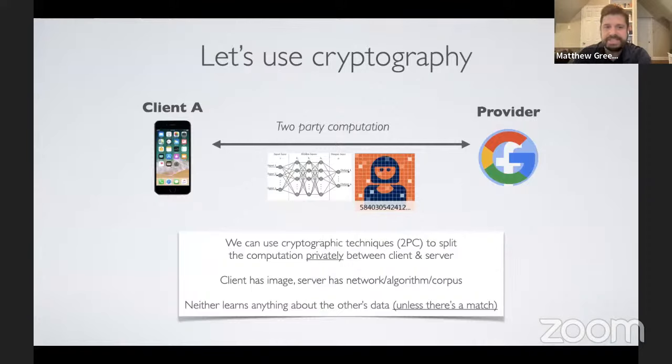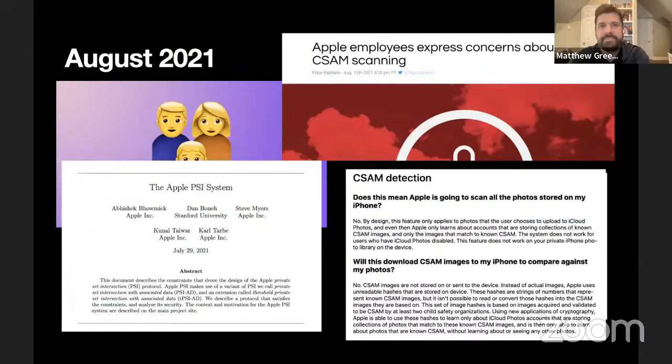I think, again, this audience should be familiar with what happened last August, which is that research became very real in a hurry. That happened with the release of a proposed system that was to be deployed in all Apple iPhones, at least in the US. It was supposed to be released with iOS 15.